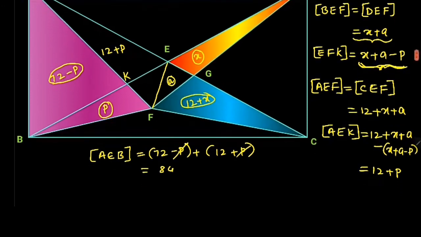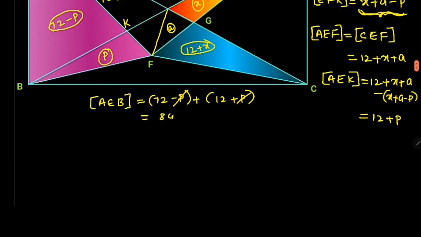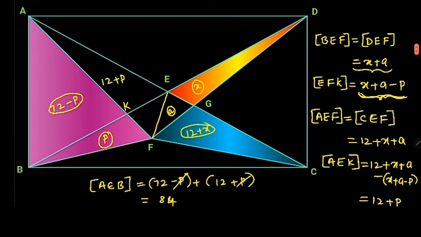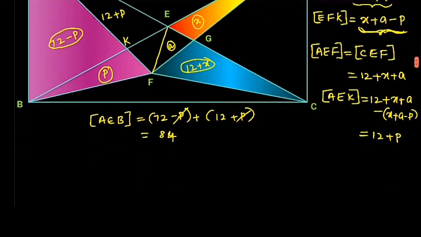From this AEB you can find out the area of the total rectangle. Here if you see in the figure, AEB is one fourth of the rectangle, because the diagonals divide the total rectangle into 4 triangles of equal area.